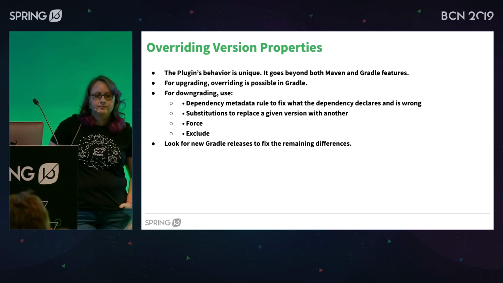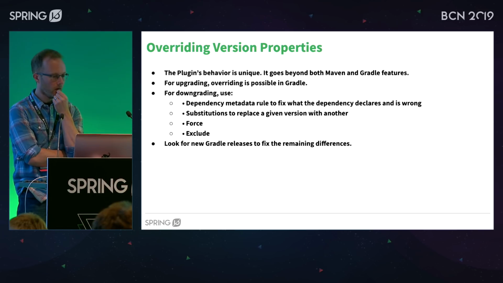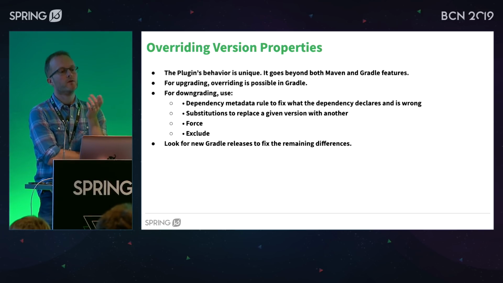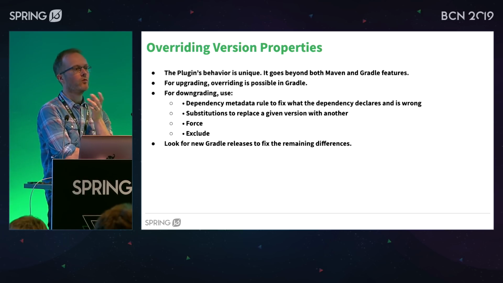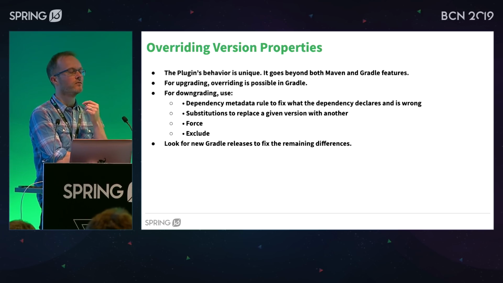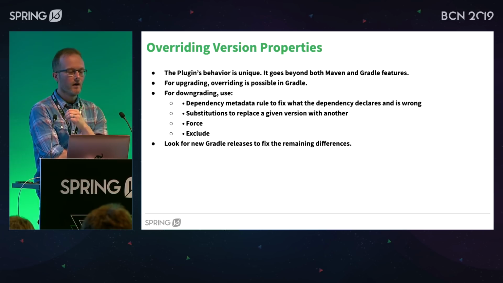The dependency management team, Cedric primarily, who I've spoken with, has been very receptive to feedback, but doing things in the Gradle way. So they don't want to replicate Maven, for good reasons. If you like Gradle, turning it back into Maven is not going to be a good solution for you.